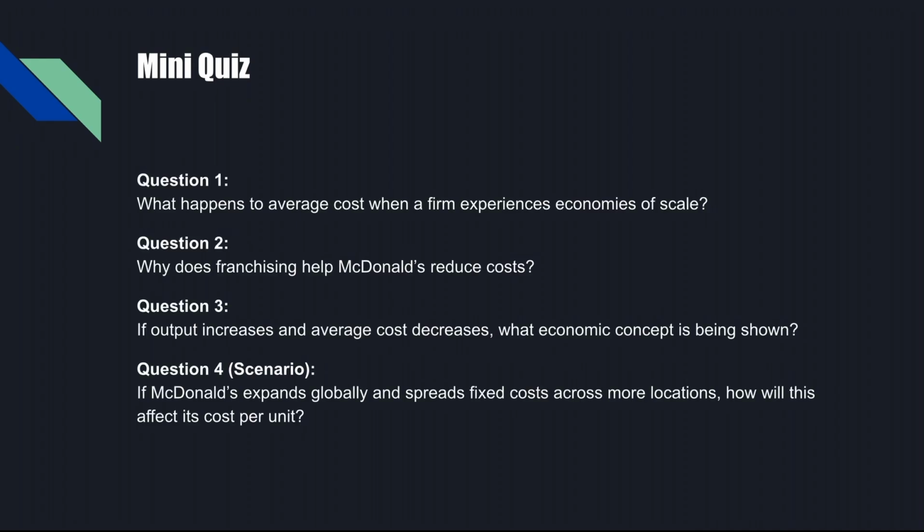Third, if output increases and average cost decreases, what economic concept is being shown? Question 4 is a scenario. If McDonald's expands globally and spreads fixed costs across more locations, how will this affect its cost per unit?